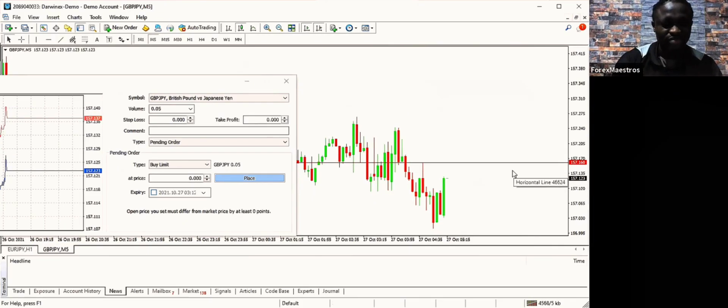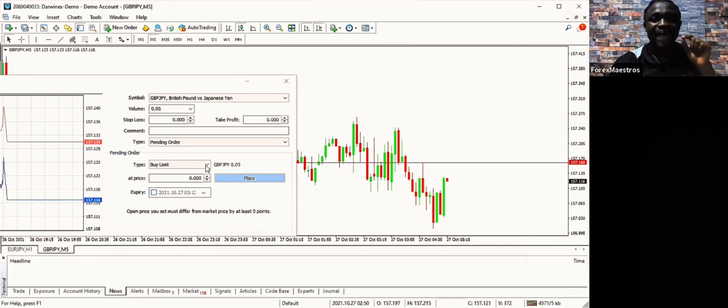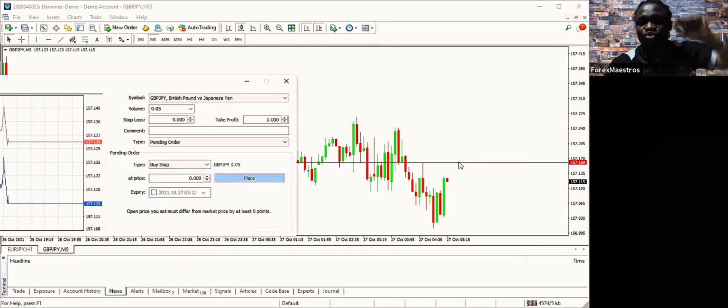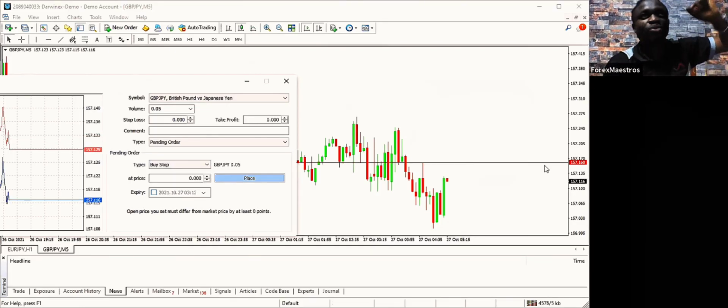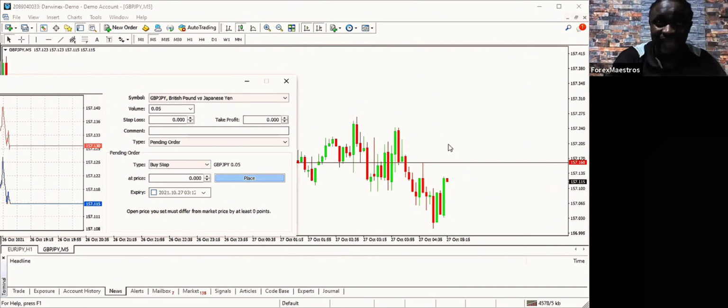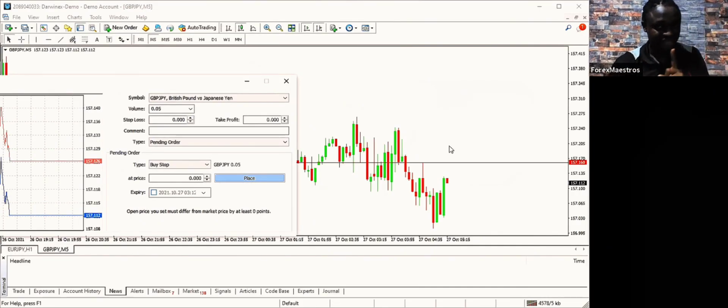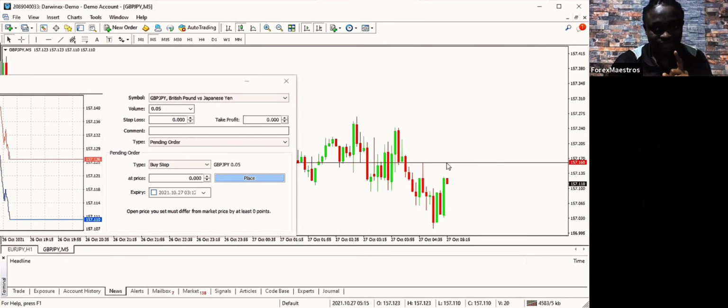So you set a buy stop to say when price gets to 157.160, that is when I want to enter the market. So if price gets there, boom, your trade is activated. But if price doesn't get there, it is not activated. Remember the difference. In your buy limit, remember price is going up, okay?